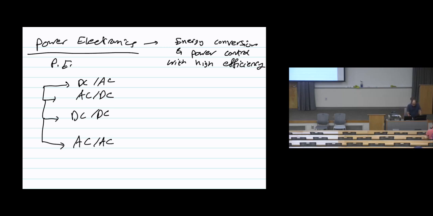Also, one of the most practical applications of DC to AC is renewable energy, especially photovoltaics. We call it PV. As we know, renewable energy is where the energy sources can be regenerated.